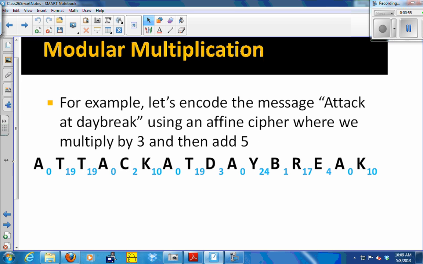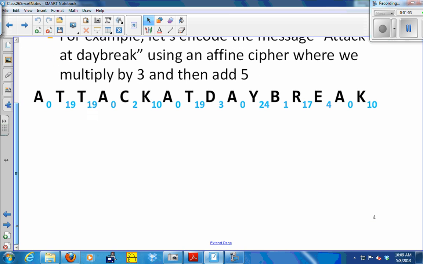So for example, I'm going to encode the message attack at daybreak using an affine cipher where you multiply by 3 and then add 5. So I take each letter in my message, convert it to the equivalent number in the alphabet.